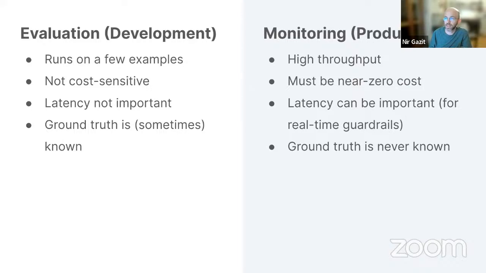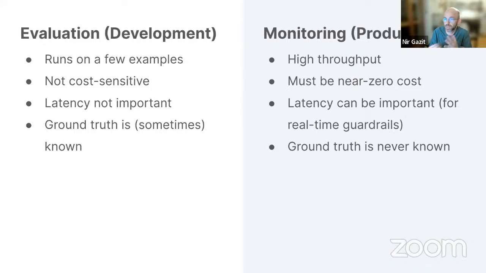If you want to evaluate the quality of the output you get from a call to an LLM, you probably don't care how much it will cost you to run this evaluation, because you only do it for a couple of examples. Latency is also not really important, because again, you do it on a low scale, only a couple of times.